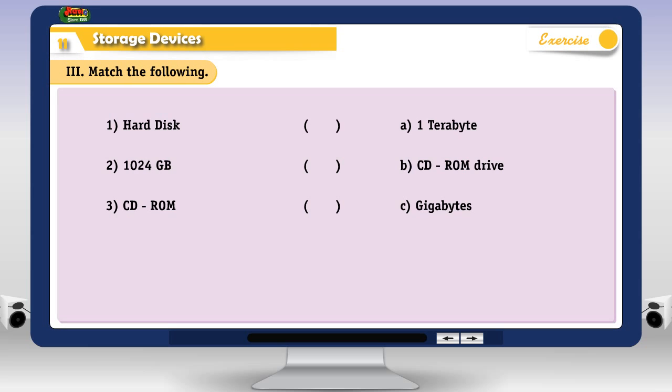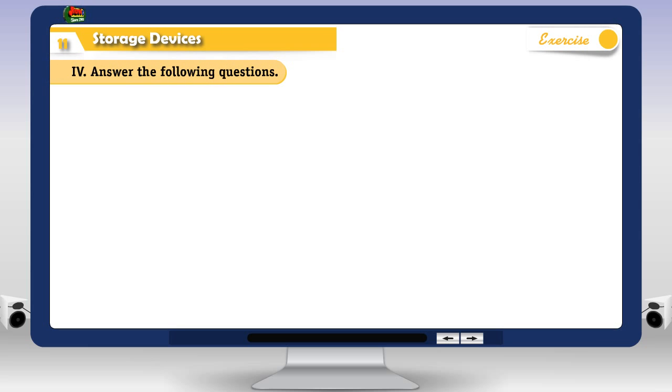Match the following. 4. Answer the following questions.